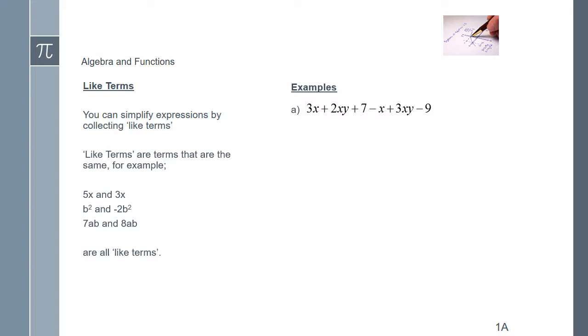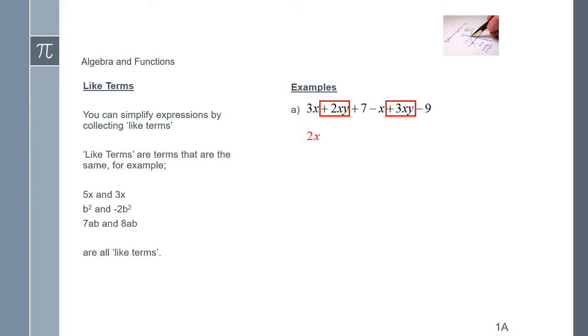So here we have a long expression, 3x plus 2xy plus 7 minus x plus 3xy minus 9. If we look at the like terms, you see we have x's, we have a 3x and a minus x, and if we combine those together we get 2x.